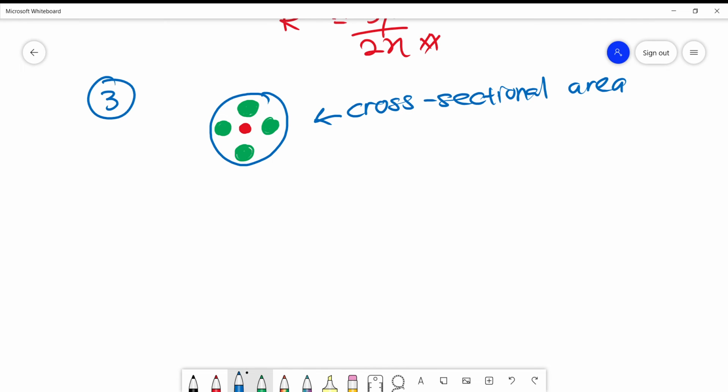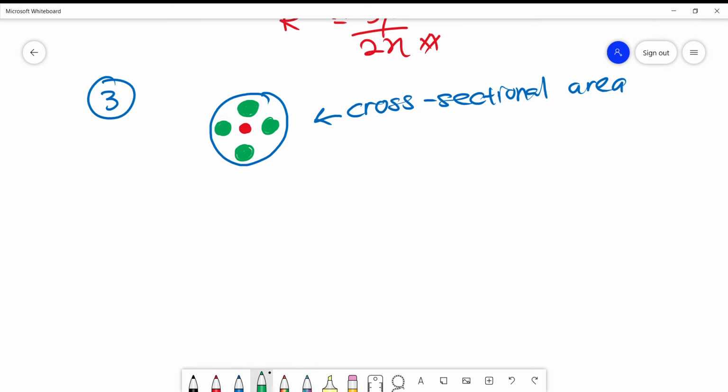So this green wire, I can say that these green wires actually have the same cross-sectional area. So the cross-sectional area given here is actually okay.